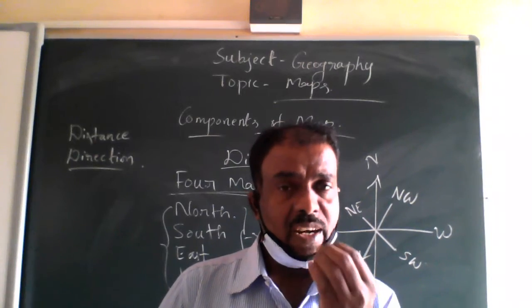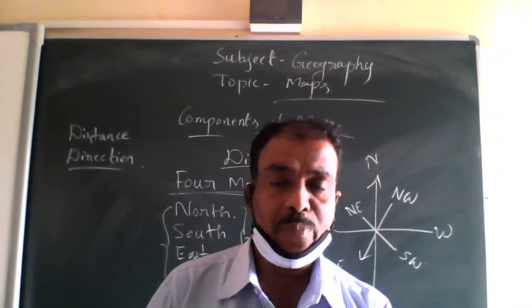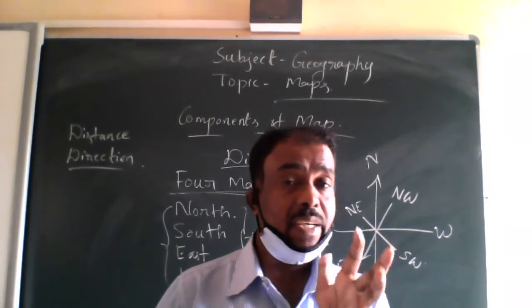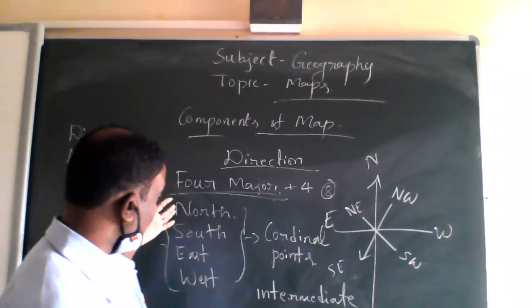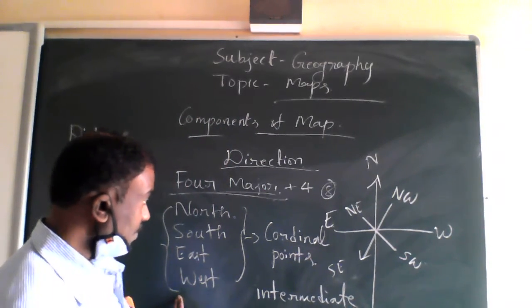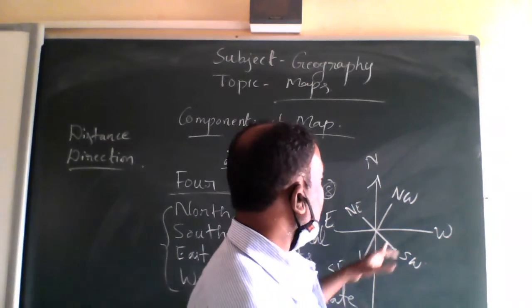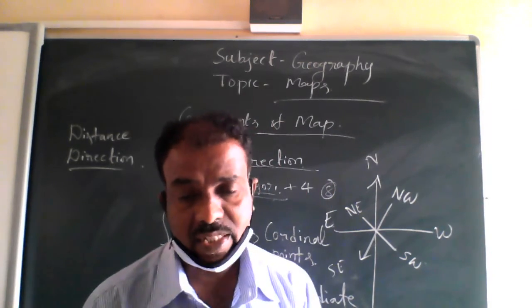Four major directions are called cardinal points, and the remaining directions are called intermediate directions. Major directions are north, south, east, west, and intermediate directions are northwest, northeast, southwest and southeast.